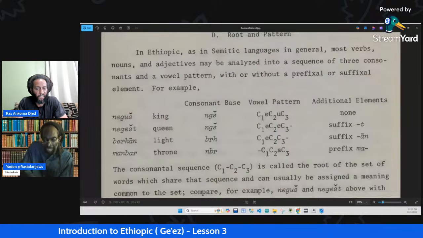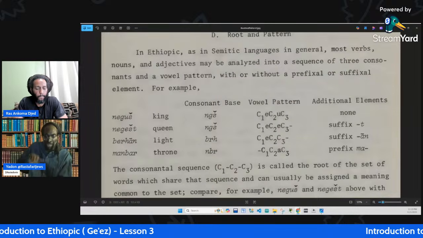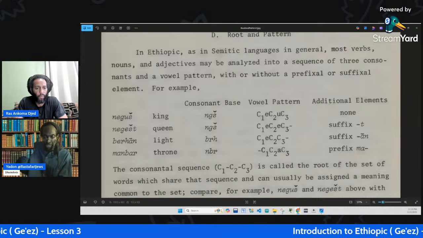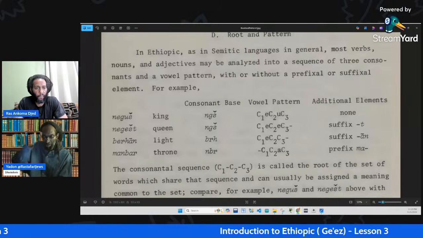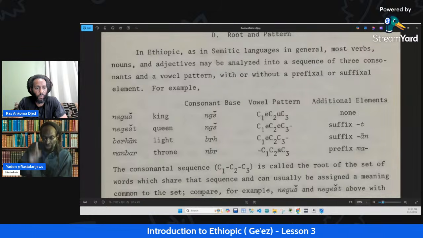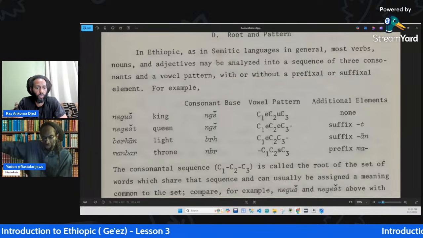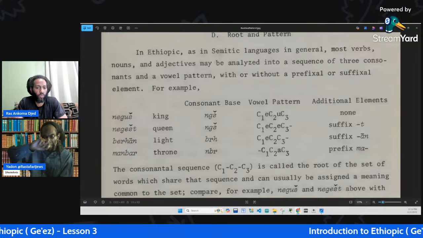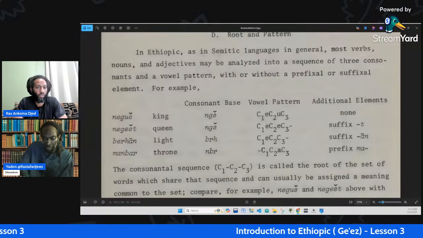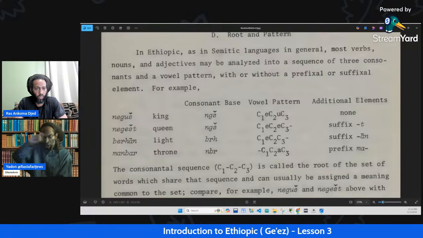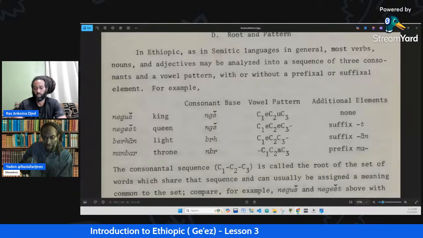But the A here is pronounced as the first order of the Ethiopic vowel sound, right? Whenever you see the A with a long slash over it, then that A is ah. So when we see MAN without the bar over the A, it's men.